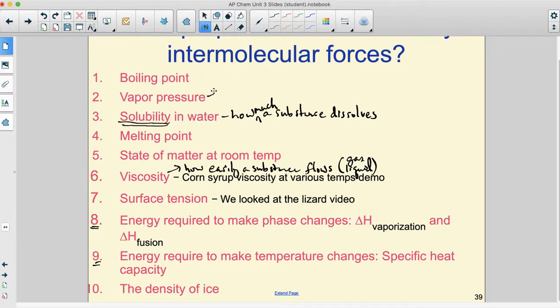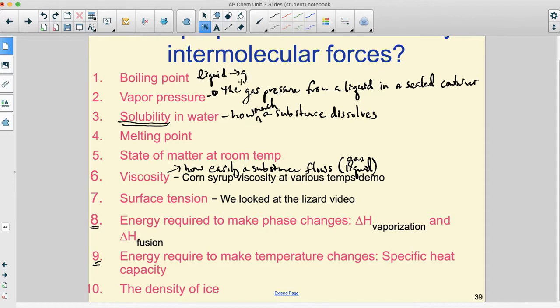Vapor pressure, I will show you a picture of this tomorrow, but vapor pressure is the gas pressure from a liquid in a sealed container. And then boiling point, how easily we can change things from liquid to gas. And melting again is from solid to liquid.